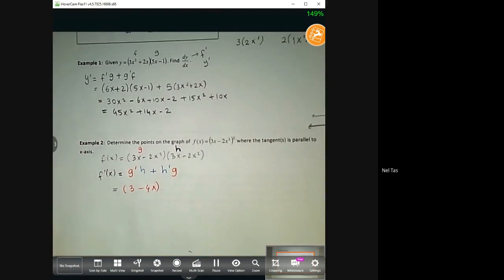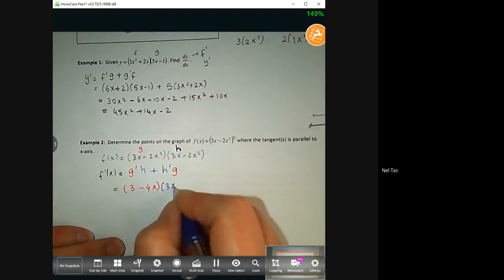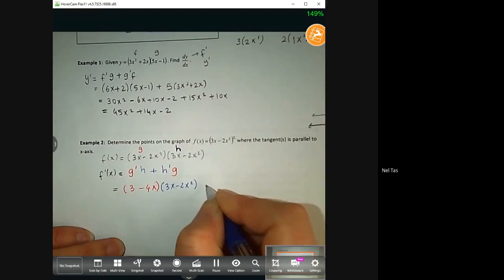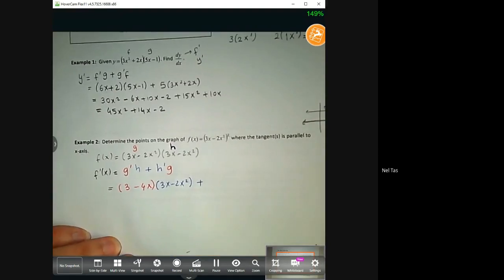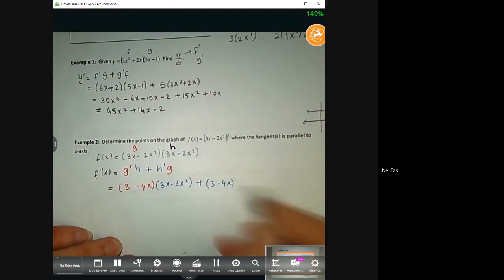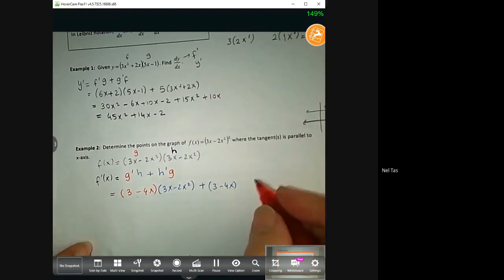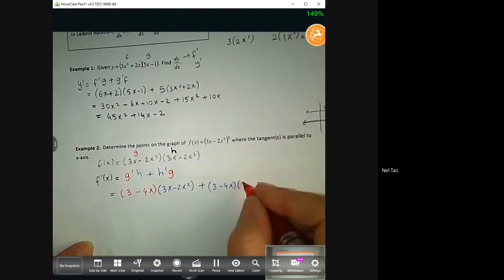So that is the derivative of g. Multiply this by the h function, 3x minus 2x squared, plus now the derivative of the h function. h is the same as g, so its derivative is again 3 minus 4x, times the g function, 3x minus 2x squared.